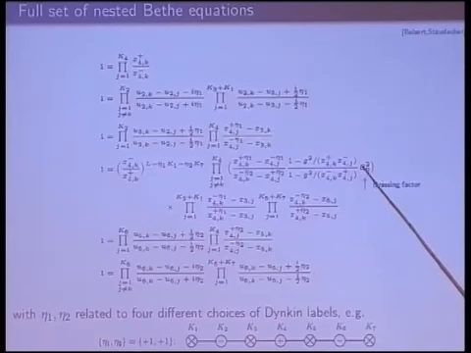The red factor is the famous dressing factor, and it moreover depends on two free variables, eta1 and eta2, which can take either the value +1 or -1, and corresponds to 4 different choices of Dynkin diagrams for this supergroup.